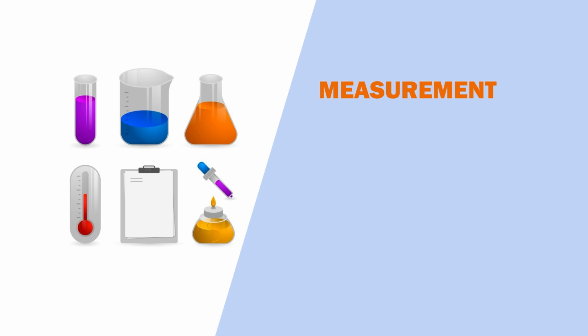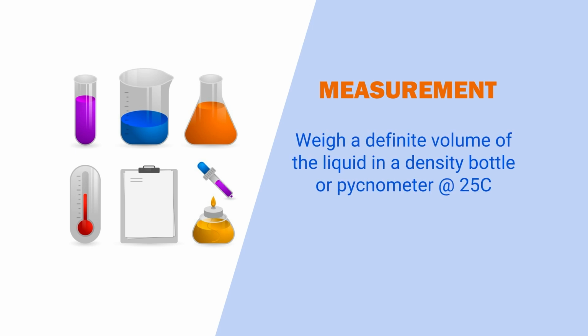It is measured first by the pycnometer or by the density bottle. You see it on the right side. But then there are other devices also, which are used not only for density but also for specific gravity, like lactometer and hydrometer. In the case of hydrometer, you can have various series of it.